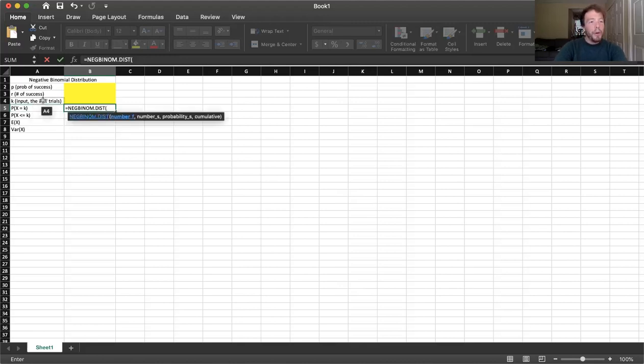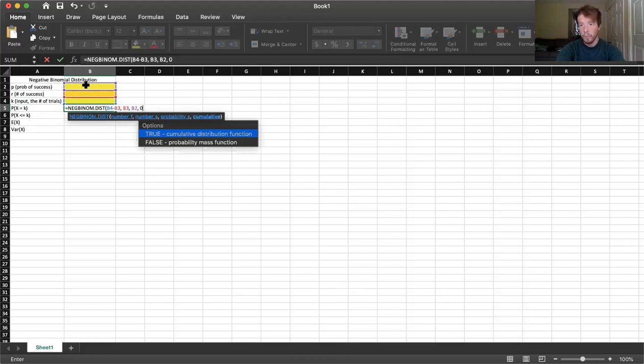And what we want to put in, for the first part, it takes in K minus R. For the second thing, it takes in R. For the third thing, it takes in probability. And then since we want the probability at a point instead of cumulative probability, the fourth input is just 0.